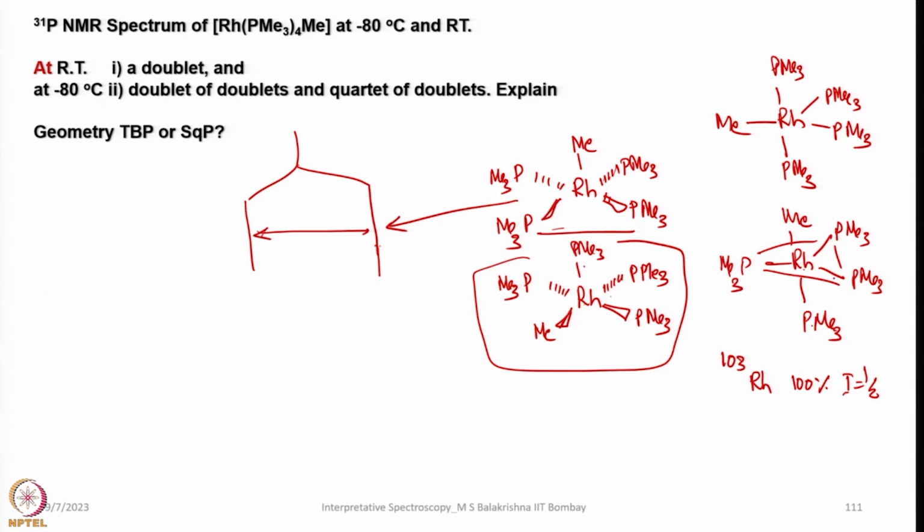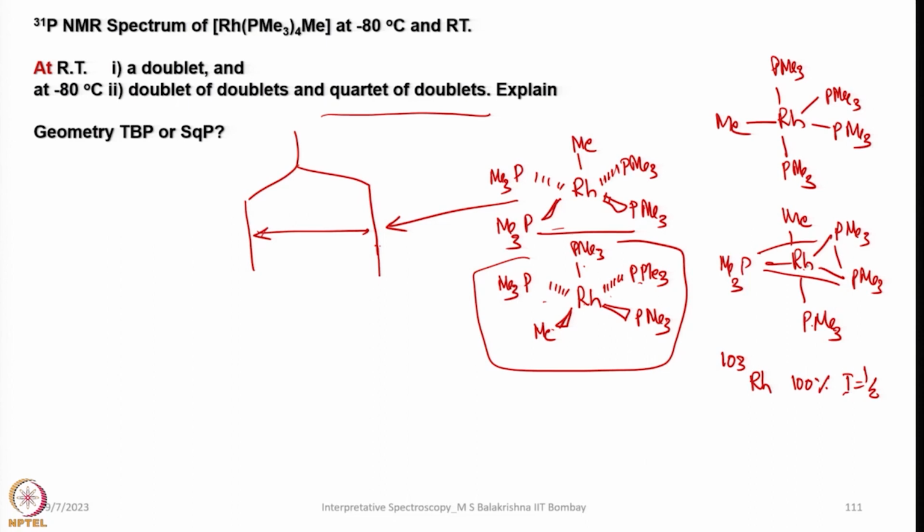So that means two possibilities are there, whether it has this structure or whether it has this structure, that we have to analyze now. First, let us look at these three in the plane. When you look at these three in the plane, this one is trans to this one and these two are trans to each other. As a result, this may not be the right structure for interpretation of the data provided here, the quartet of doublets. And probably here these three are identical.